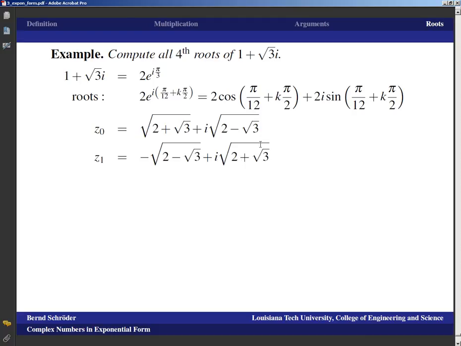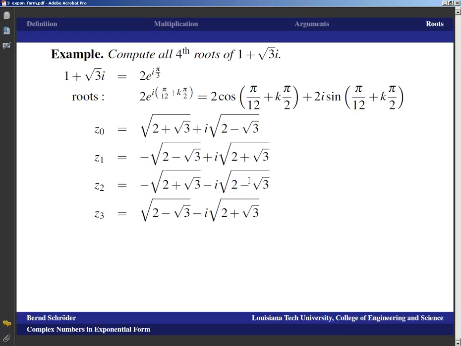We can now push that through for all the other ones, and these are the four fourth roots of 1 plus root 3 i. If that last geometric statement that I gave you doesn't make sense, go ahead and draw it and realize that a quarter rotation just does this interchange that I mentioned.